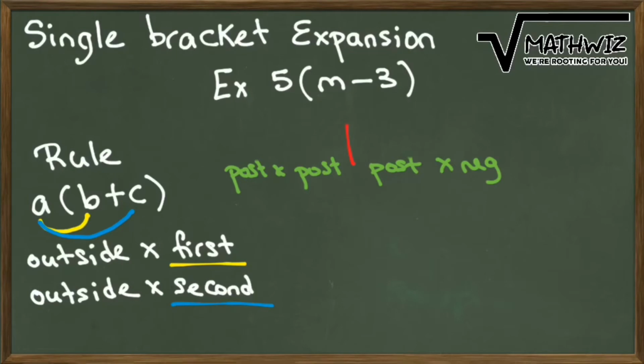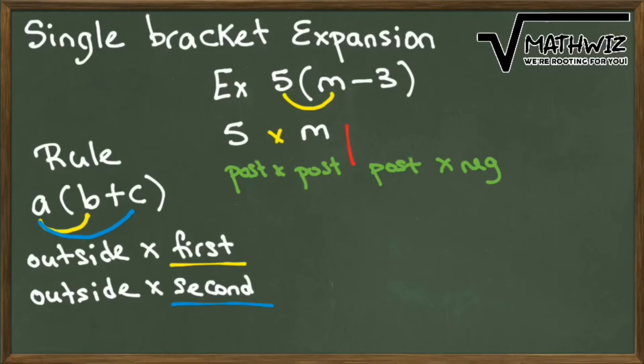For a second example, let us say we have 5 open bracket m minus 3. So we would take the outside, multiply it by the first on the inside, and so we would have 5 multiplied by m. We draw our separation line.